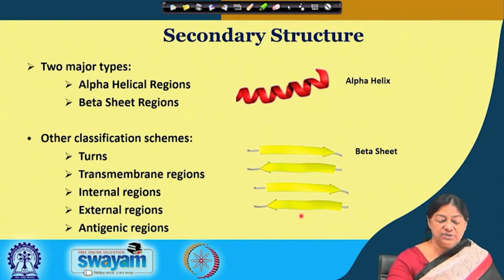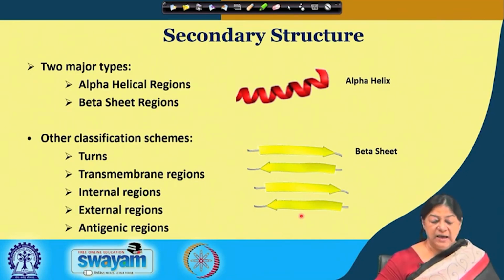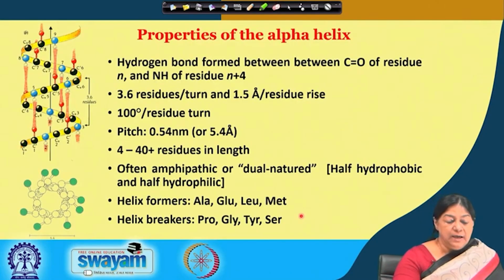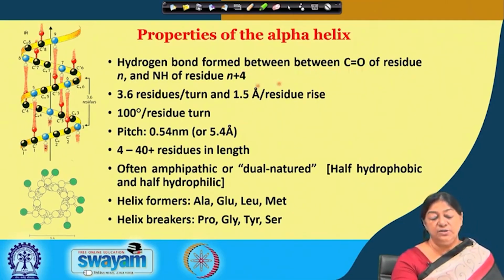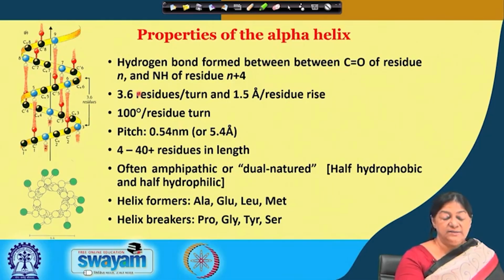Other classifications are turns and loops and specific regions. The hydrogen bonds between the CO of residue N and the NH of residue N plus 4 form a characteristic that is seen in the alpha helices present in protein. These are all characteristics of alpha helices.